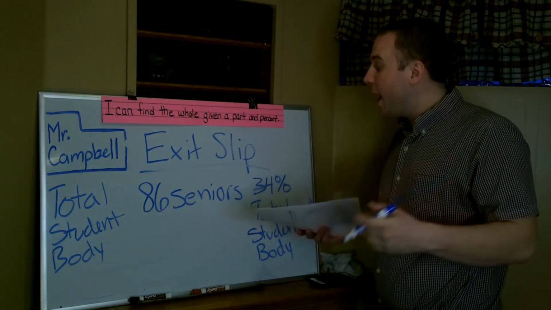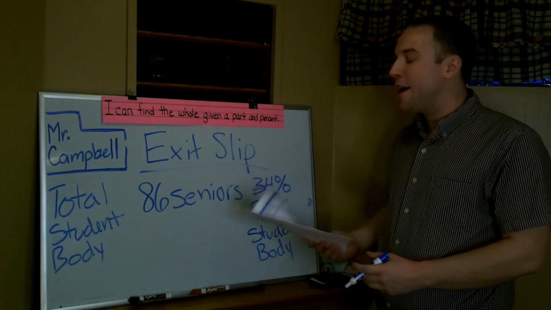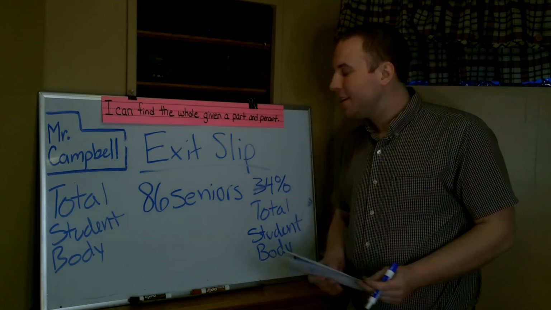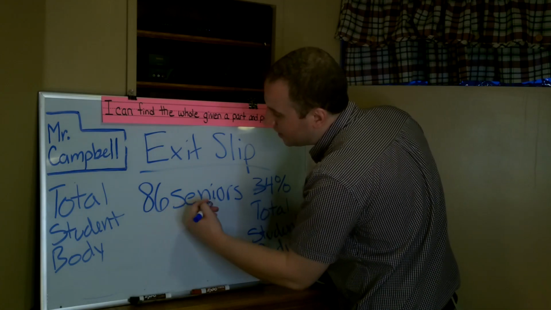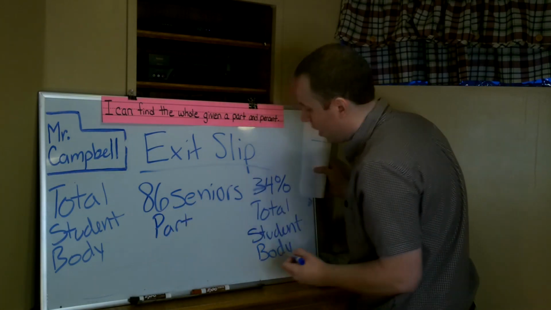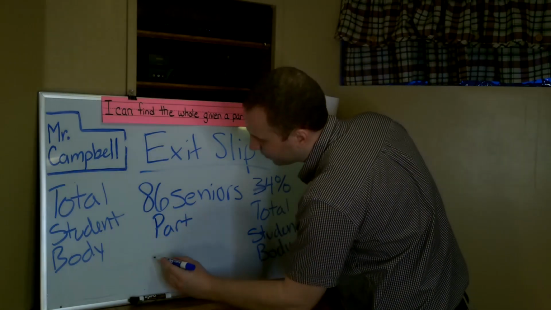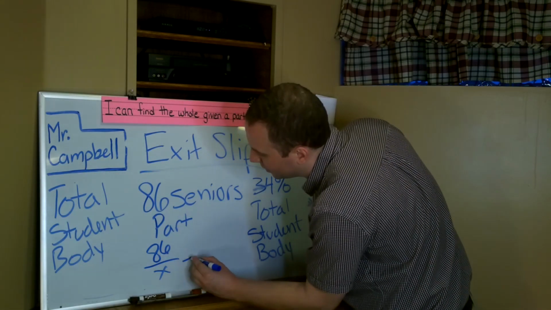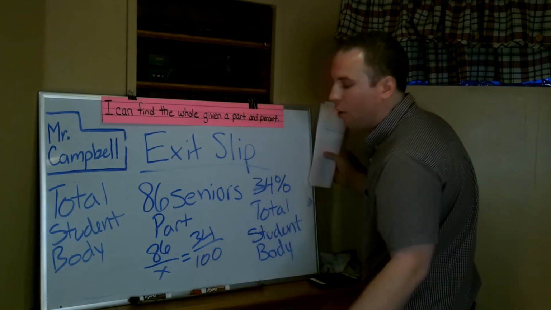Let's go ahead and I will pause. Go ahead and take a quick pause right here and solve this equation on your own. All right, let's go ahead and solve this, shall we? 86 seniors is going to represent our part. Our percentage is going to be 34%. In setting this up, 86 over x will equal 34 over 100.